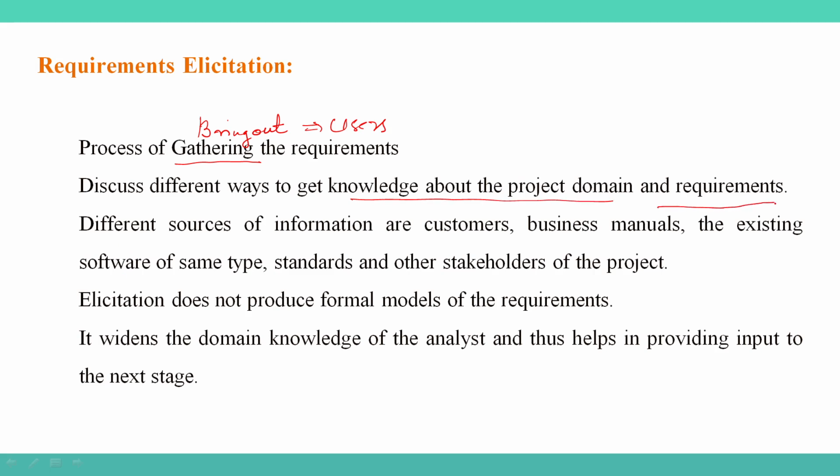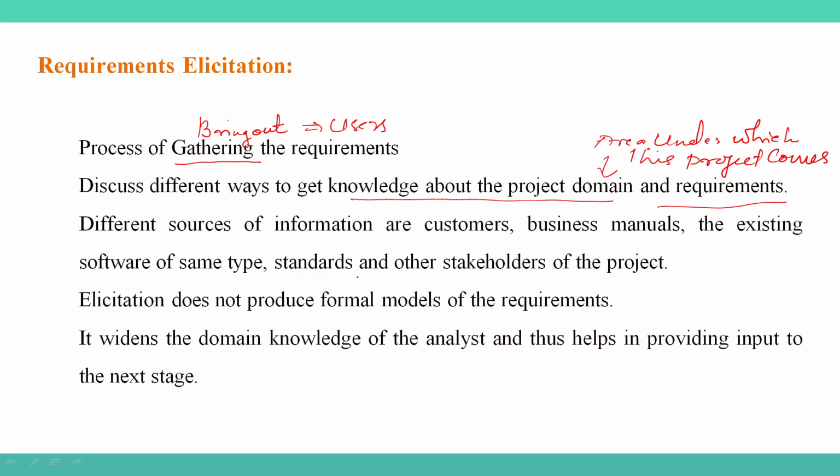What does domain mean? It is the area under which this particular project comes. Every project will come in a separate area. So the area under which this project comes is the domain. So you should get the knowledge of the domain as well as the requirements.